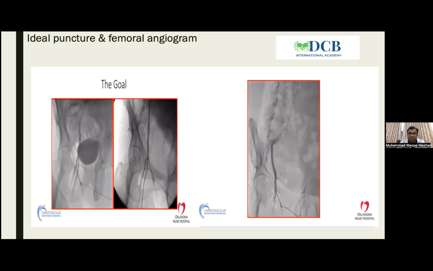This has been shown to reduce the vascular complications associated with the femoral approach. So it is a good suggestion to keep an echo there and to puncture all of the femoral arteries under echo guidance. Yes, sir, echo guidance.